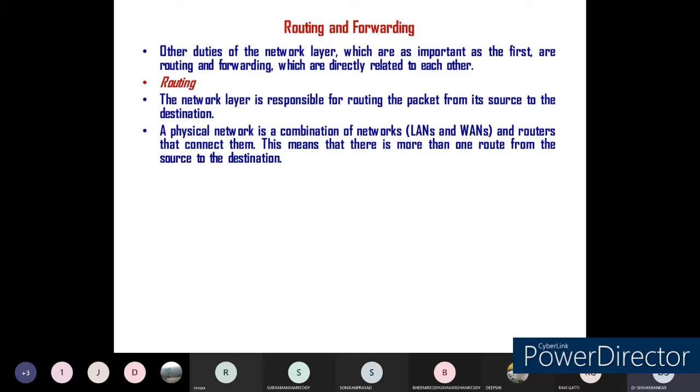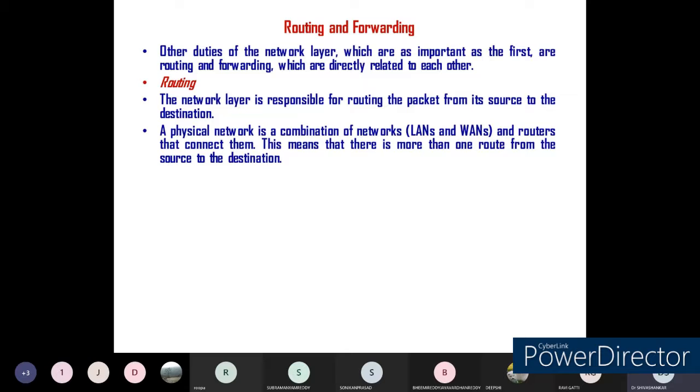A physical network is a combination of both local area networks and wide area networks and routers that connect them. So routers can connect both local area networks as well as wide area networks. This means that there is more than one route from the source to destination. As I told you, to travel from Bangalore to Mysore, different intermediate nodes are required.